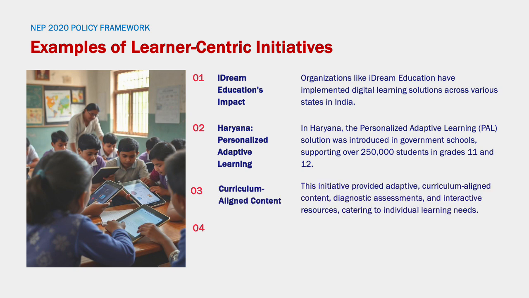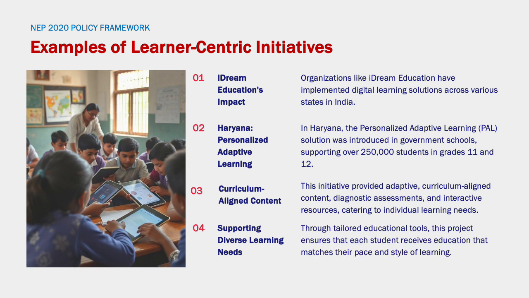This initiative provided adaptive curriculum aligned content, diagnostic assessments, and interactive resources catering to individual learning needs. Through tailored educational tools, this project ensures that each student receives education that matches their pace and style of learning.